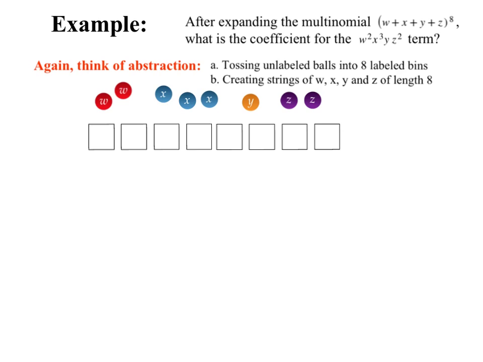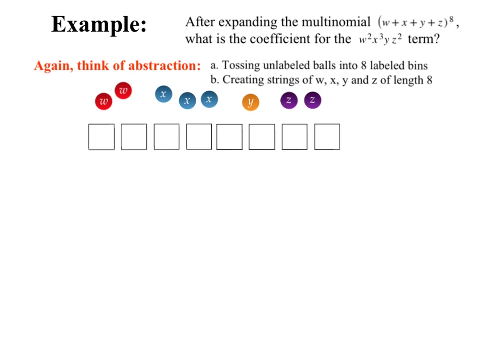So if we were to expand our multinomial, w plus x plus y plus z to the 8th, what would be the coefficient of this term here? w squared times x cubed times y times z squared. Well, again, we can think about it as tossing unlabeled balls, i.e. indistinguishable.